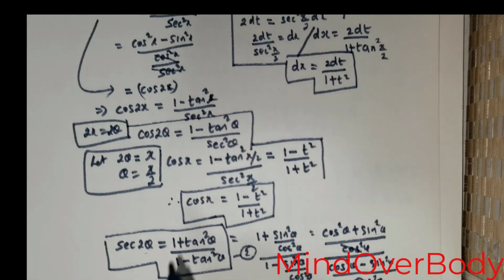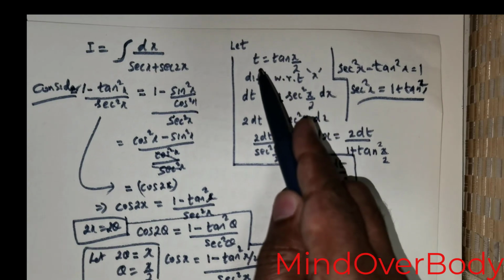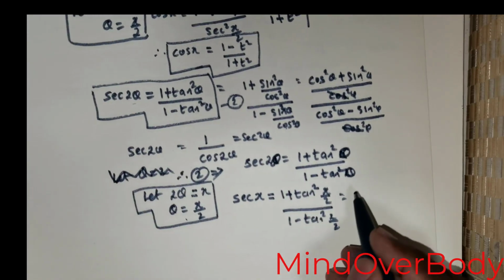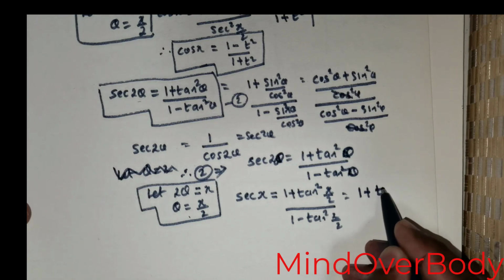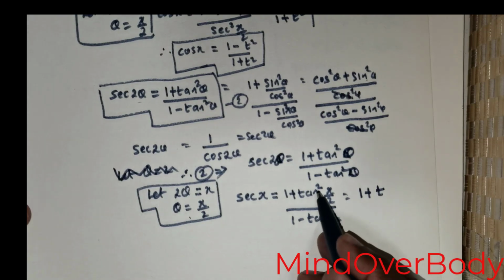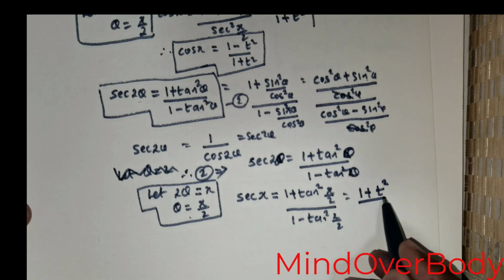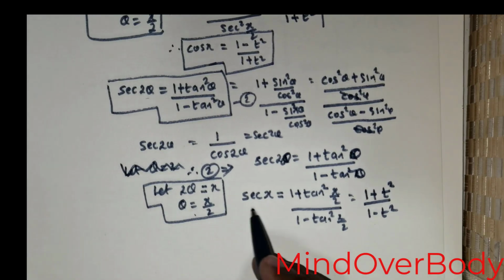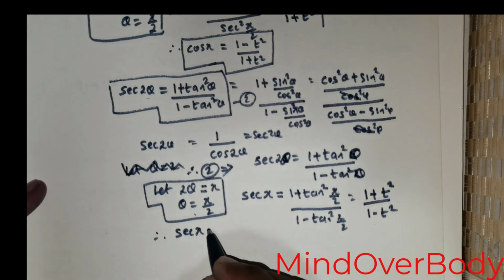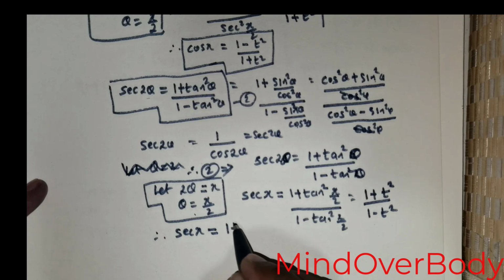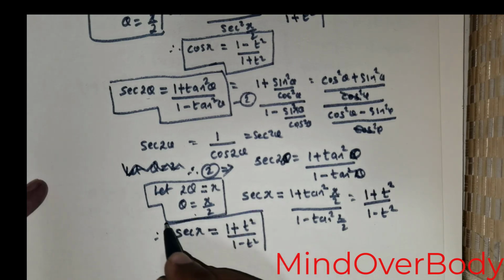We started our substitution with t equal to tan of x over 2, so I substitute there: 1 + t², because it is tan squared, divided by 1 − t². So this is the representation. Let me write that down: sec x is now rewritten as (1 + t²) divided by (1 − t²). Let me box that.